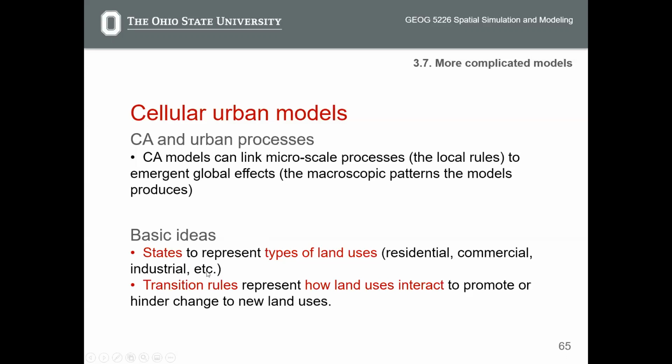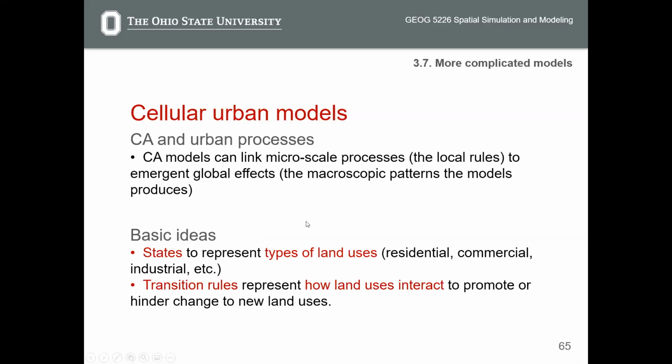For example, if we are talking about different types of land use and the change of land use, transition rules represent how land uses interact to promote or hinder change to new land uses. So for different types of land use, transition rules are created to address the interaction between them.